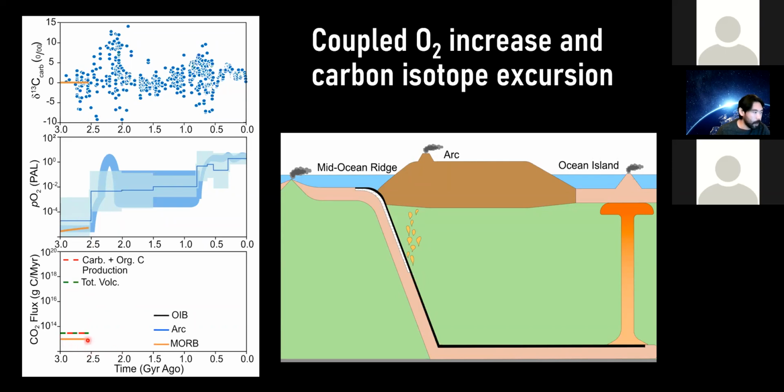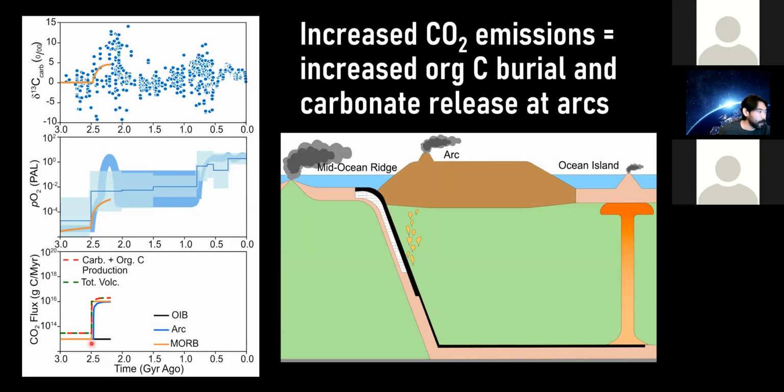To start off, what we're prescribing in these runs is just the mid-ocean ridge CO2 flux, and the ocean island and arc fluxes are responding to that. Initially we run it to a steady state, and we get a stable delta 13C and stable PO2 in the atmosphere. And then what we do next is increase the CO2 emissions at mid-ocean ridges.